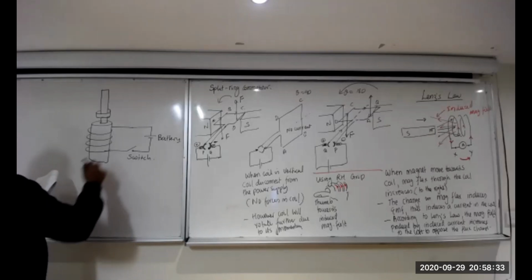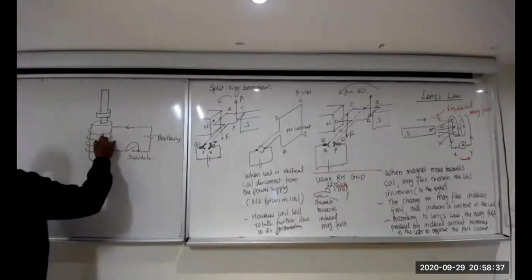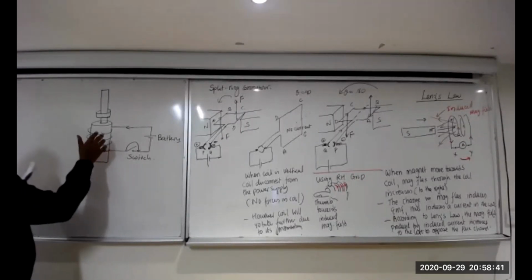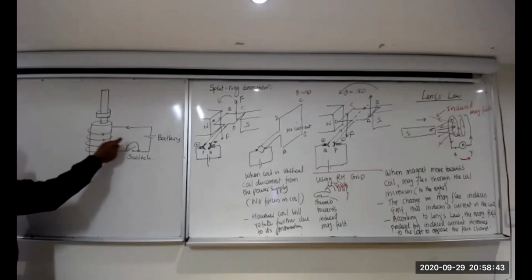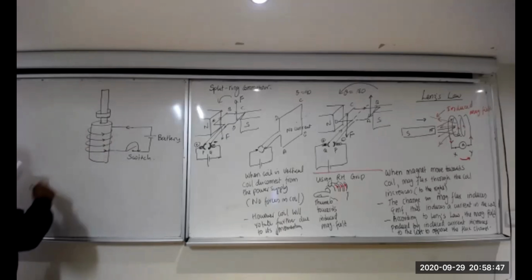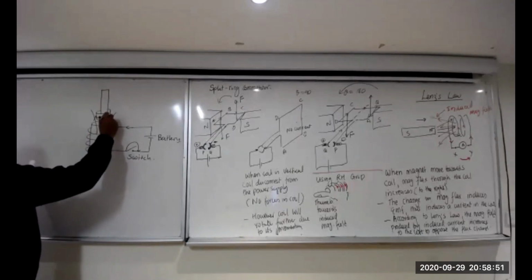So when I turn on the switch, the current will flow through. And suddenly, if I use the grip rule again, this is the magnetic field produced by that solenoid. I can see there's a magnetic field going on. It's an increasing field.